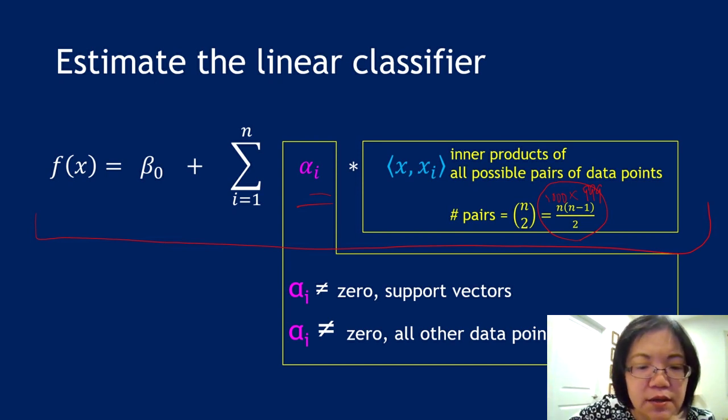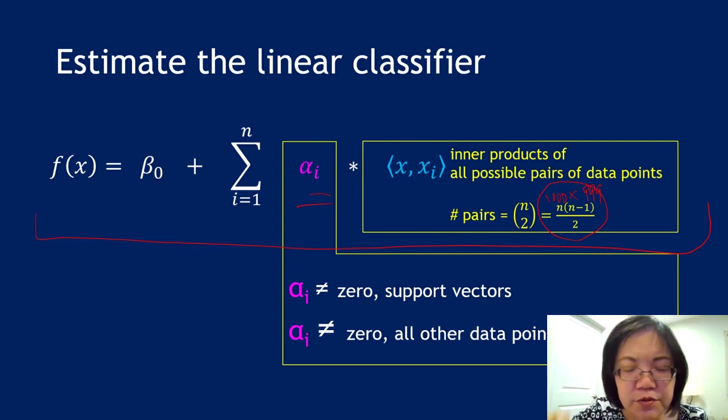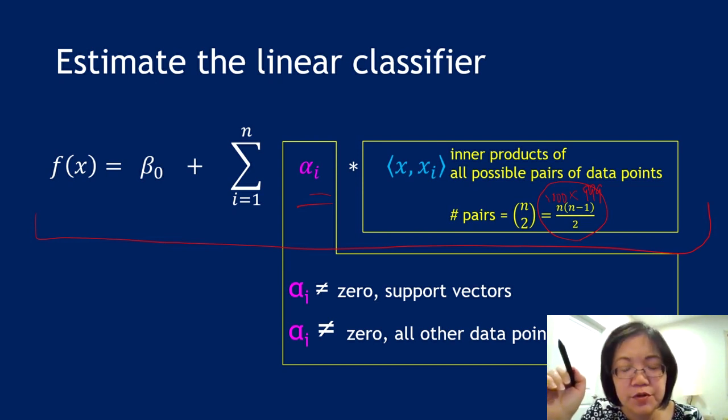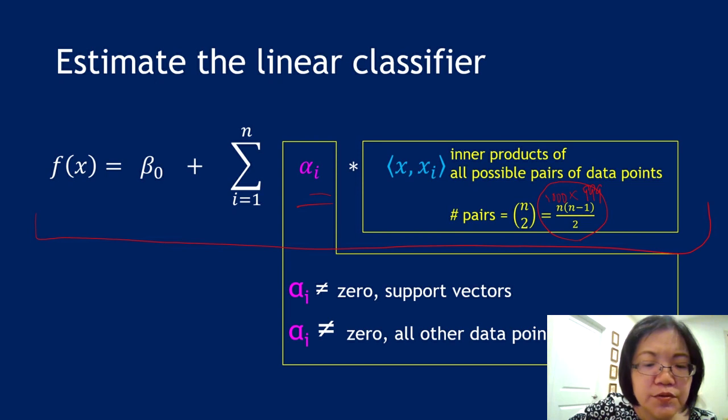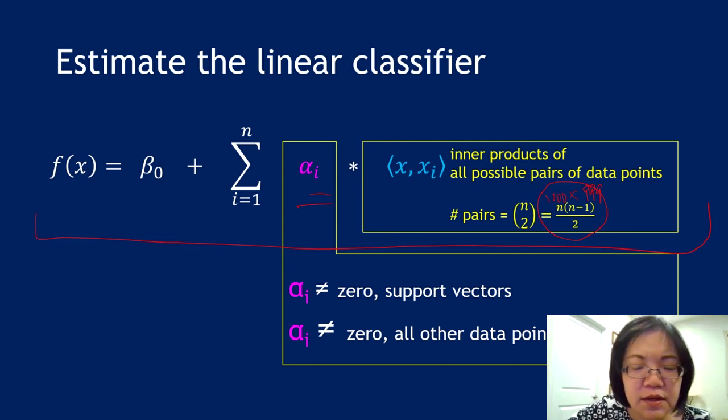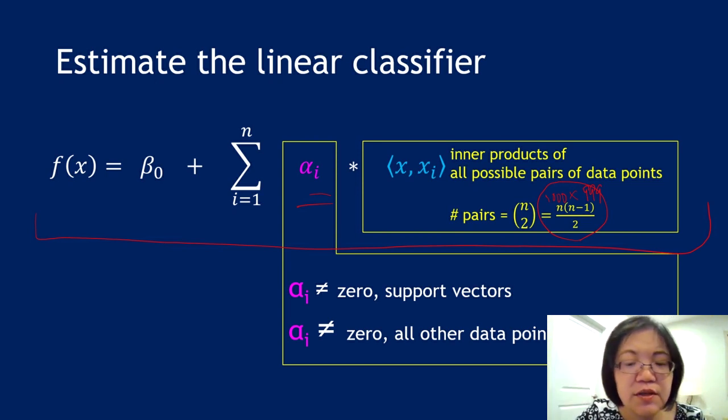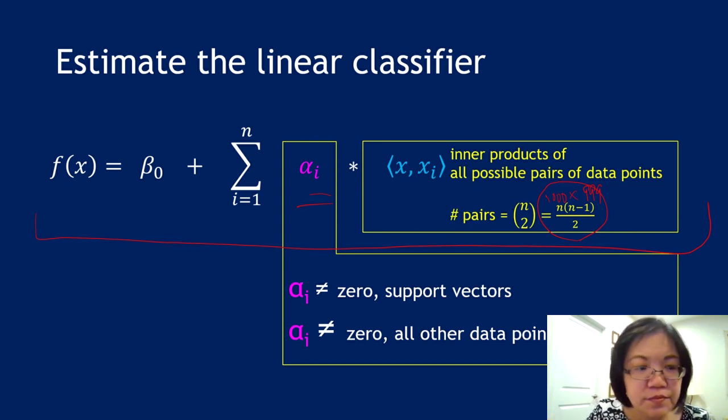You will only get a non-zero alpha term for the support vectors. We talked about what support vectors are. They are the points that are either on the margin, within the margin, or on the wrong side, the misclassifications. So only those will actually get a non-zero alpha. Most of the alphas get squashed into 0, so you get lots and lots of 0 terms.